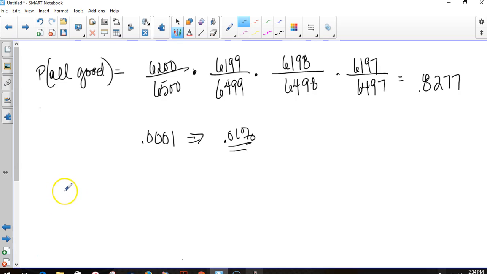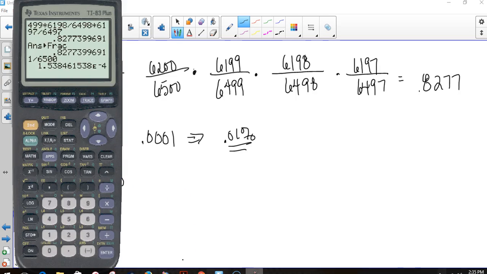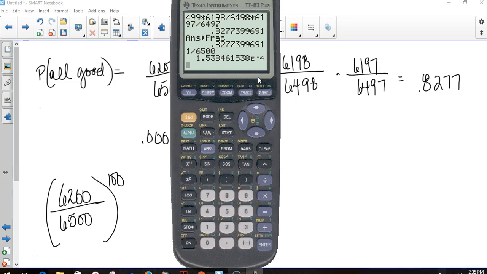So the probability of picking a good tire is 6,200 out of 6,500, and we're just going to pretend that that's the same for all of them, and pull out 100. I can reduce this a little bit even in typing this in. I can say 62 over 65 and just reduce those zeros, raise this to the 100, and I have 0.009 when I round.